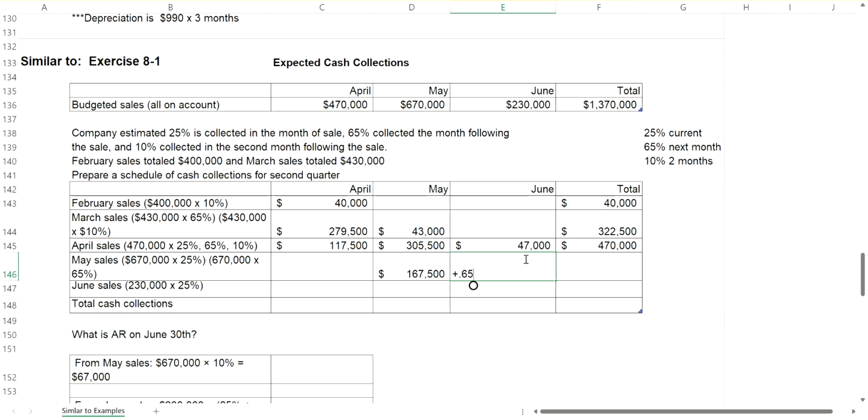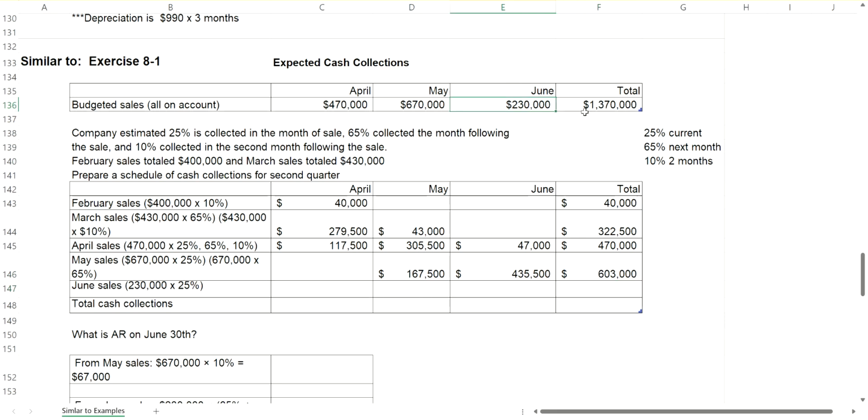And then 65% of May 670 is collected in June. That gives me 435,500. And again, the other 10% of the 670 is collected in July, so I don't care about that for second quarter.